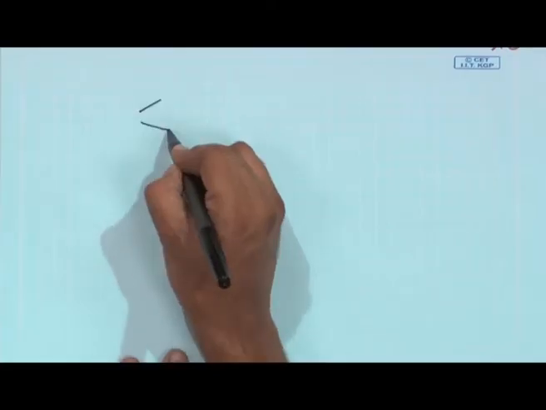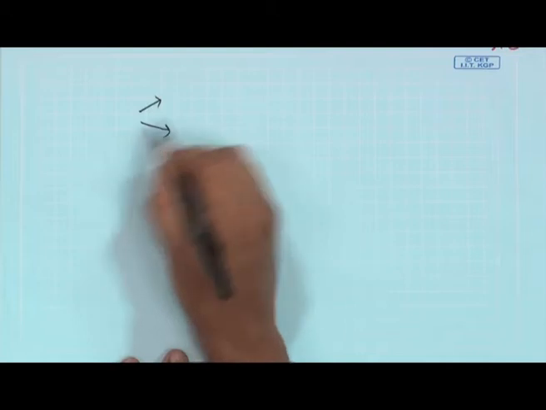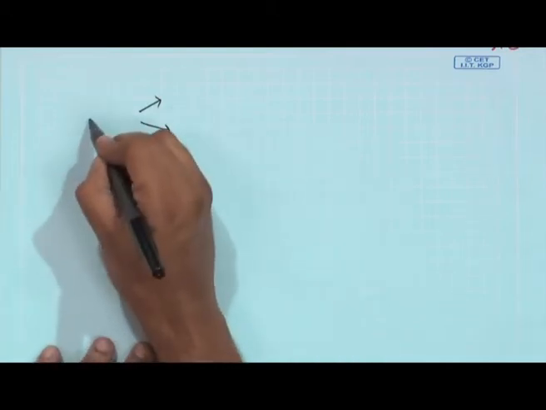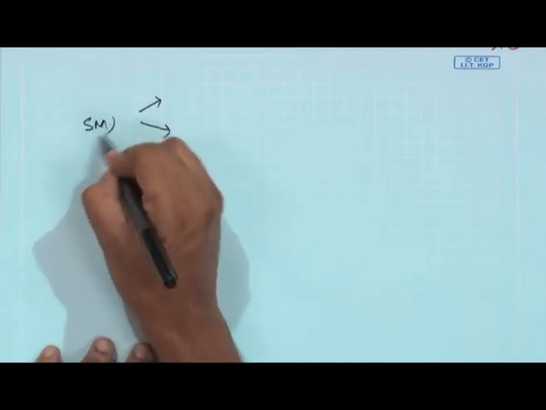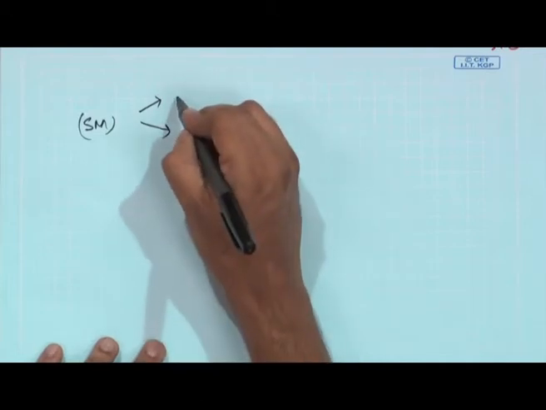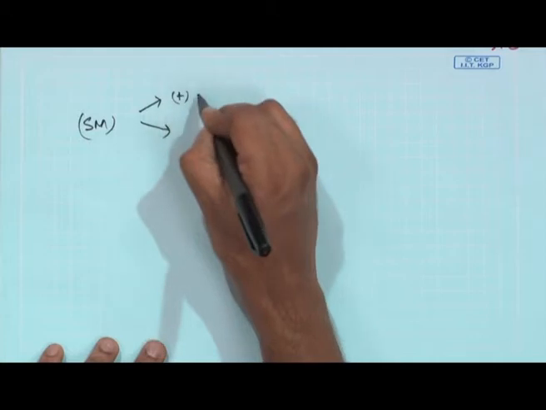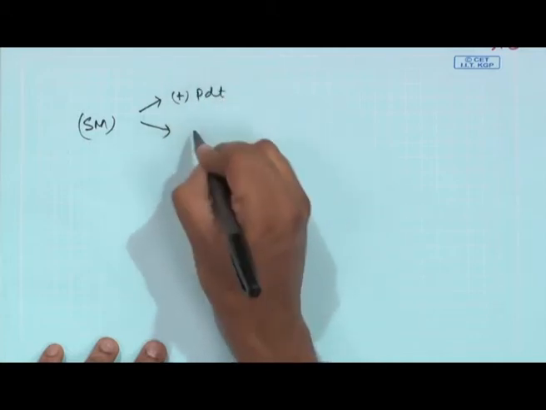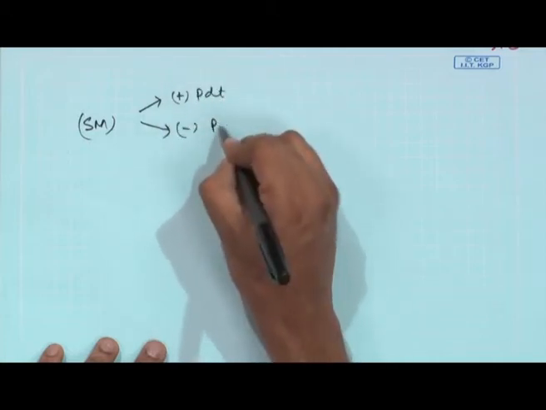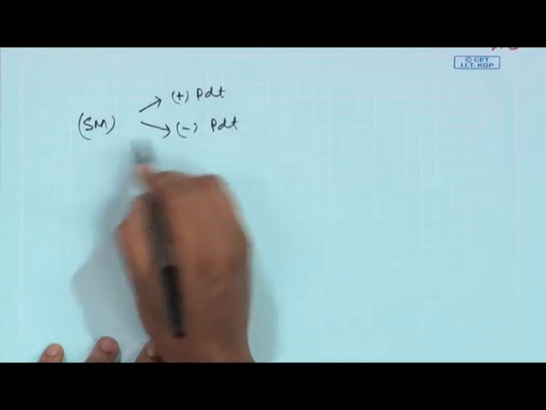Now, what is an enantiodivergent route? As the name implies, diverge means this route is a kind of two different ways. You start with the starting material, and if you get both the enantiomers of the same product, then your route is called enantiodivergent.